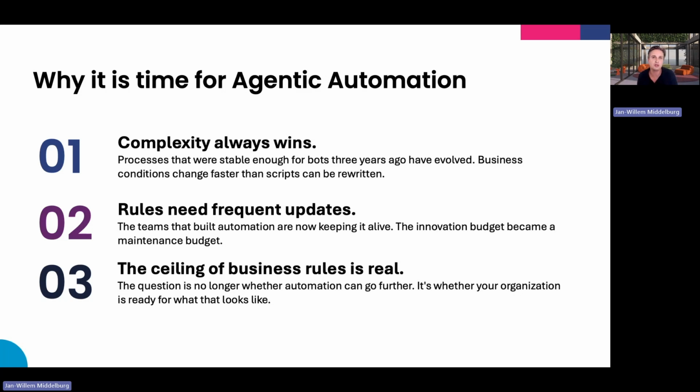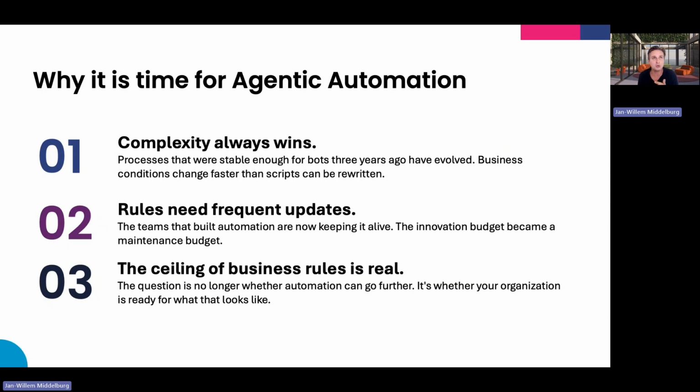If there are new versions or solutions being published, there's a high chance that you would need to update your robots and your workflows. And as a result, the teams that originally spent their focus on building the automations now need to spend a significant amount of time doing maintenance, updates, and making sure that the robots keep running and the workflows keep running in the way that they were originally designed to do so.